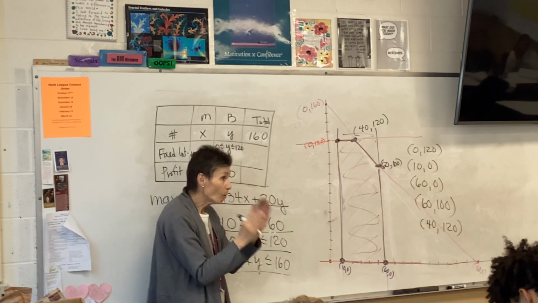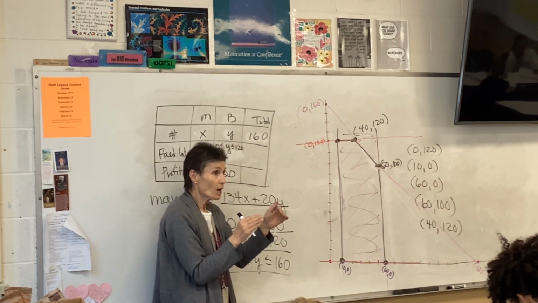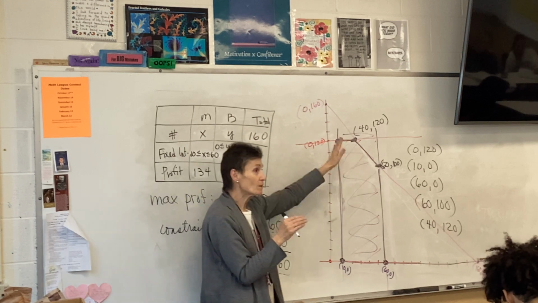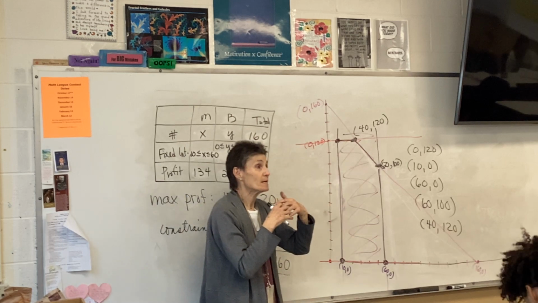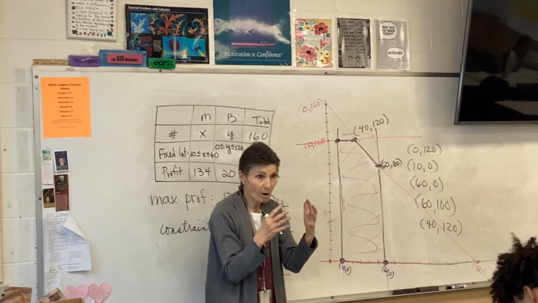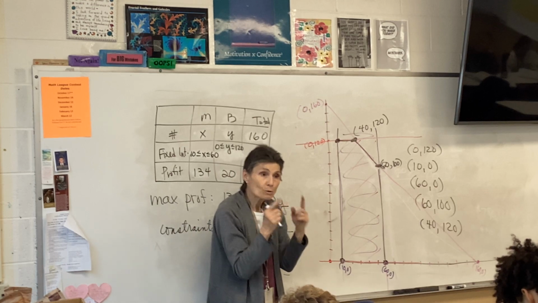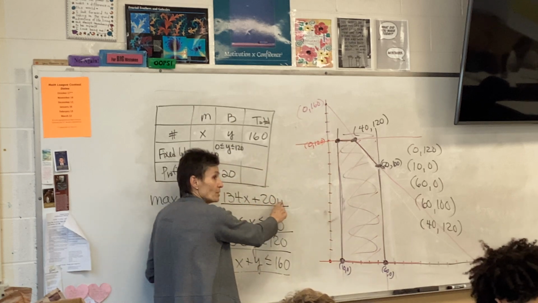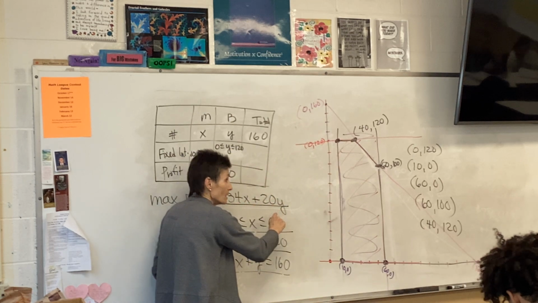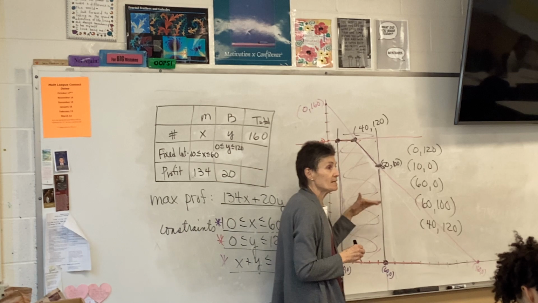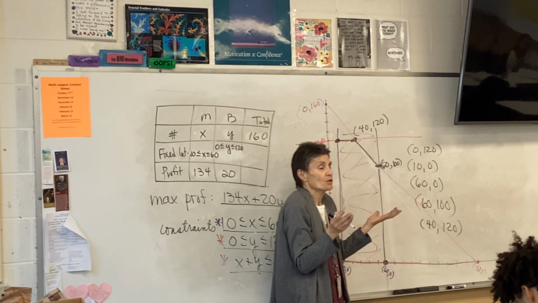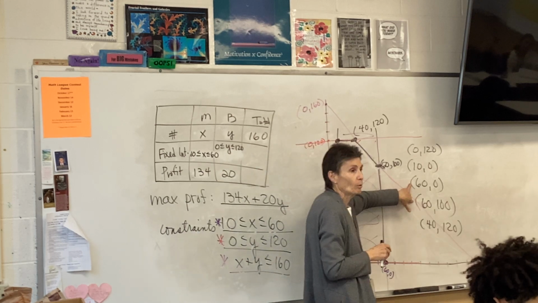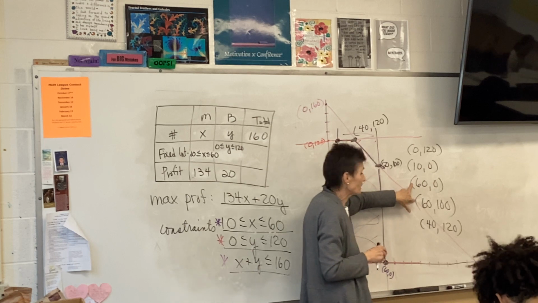Now, at this point, your job is to figure out which of those gives me the maximum profit. You can absolutely take each point and put it into your calculator. But often with these, there are some that just don't make sense. For example, look at these 2 points. What do these 2 points have in common?